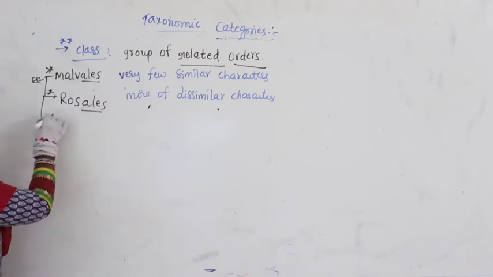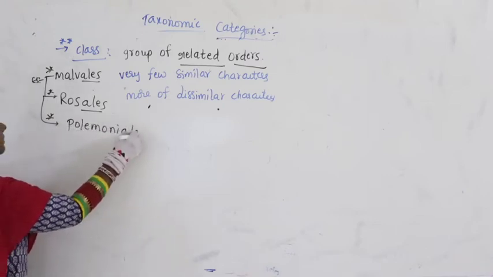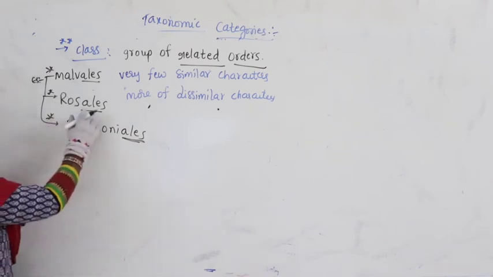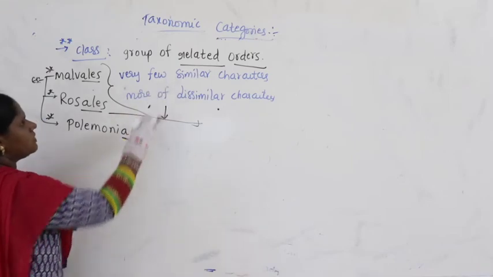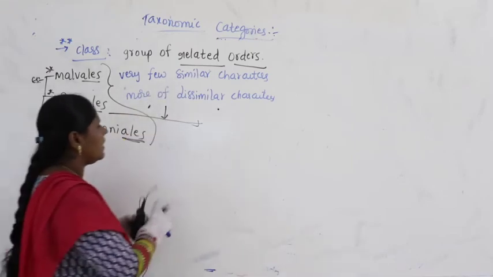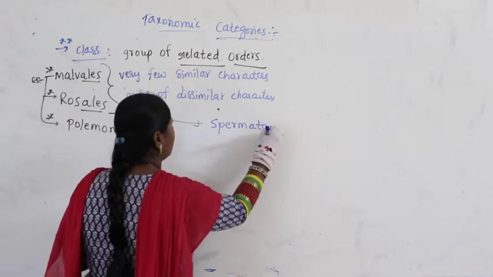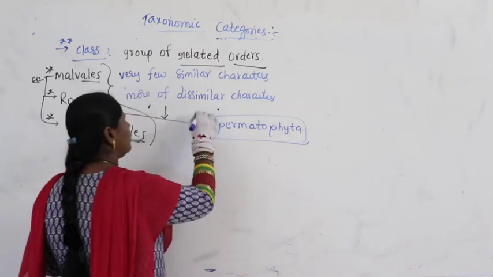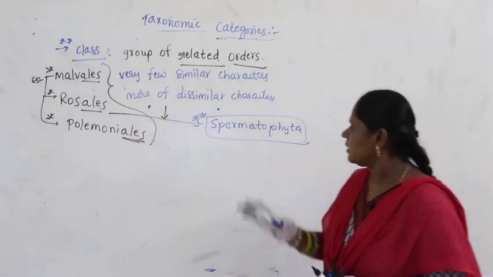Similarly, as we discussed in the previous example, Polemoniales is also an order. Because of a few common characters, all of these are placed in the same class. Oh, sorry, one second.